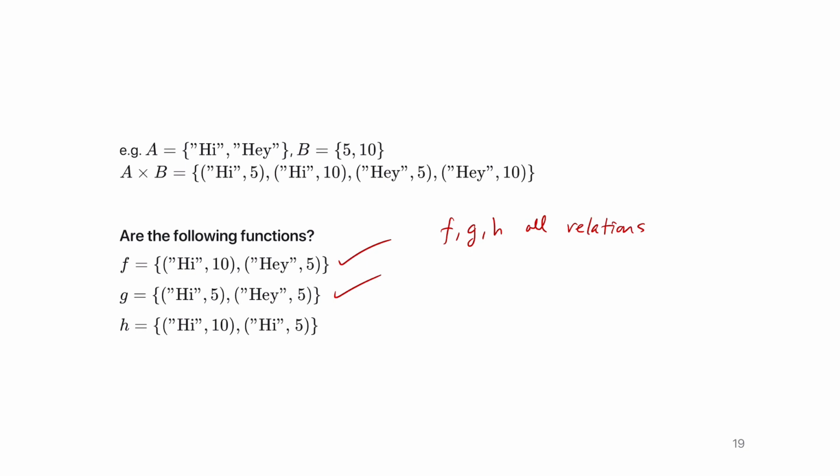No. Because there's 2 outputs for hi and there's only supposed to be 1, and there's 0 outputs for hey and there's supposed to be 1. So they're all relations, but only f and g are functions.